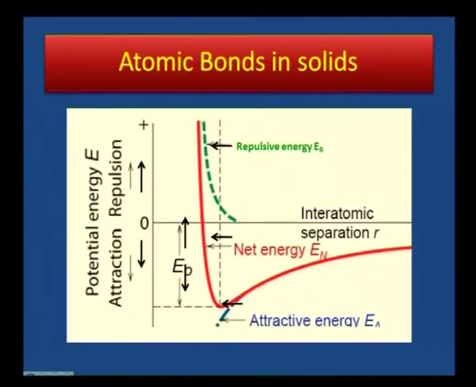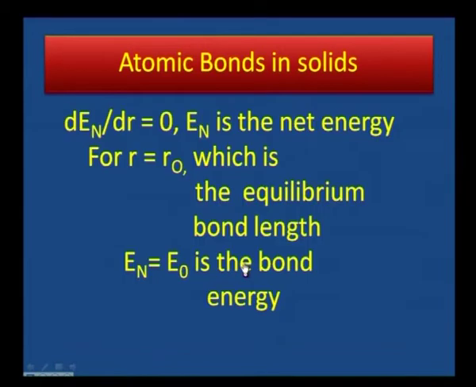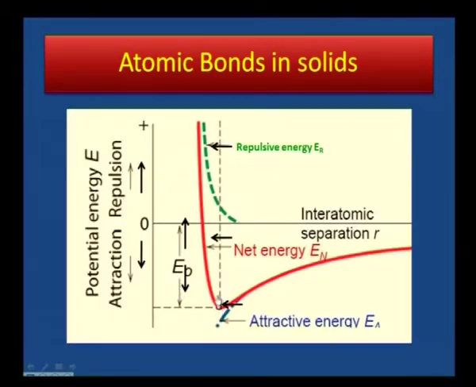The derivative of the net energy E n, d E n by d r, is equal to 0. For r equal to r naught, which is the equilibrium bond length, E n will be equal to E naught, and E naught is called the bond energy. This is called the binding energy or the cohesive energy.